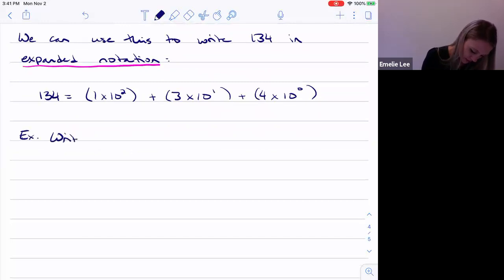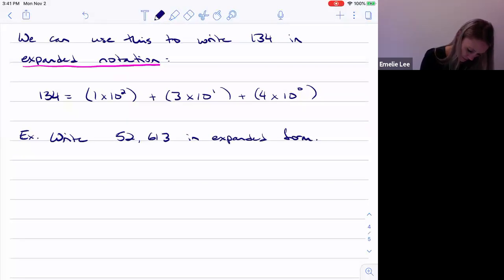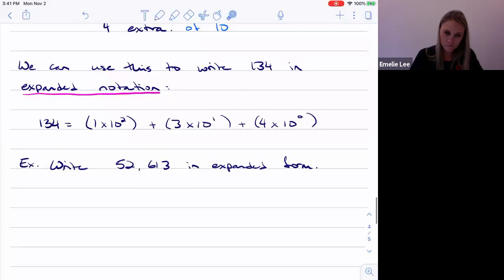What if we wanted to write 52,613 in expanded form? So working our way from the right might be the easiest thing to do, right? Because what we're going to notice is that, okay, well, 3 is just on its own, right?